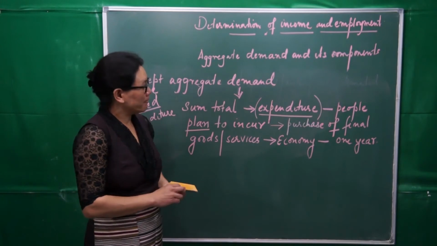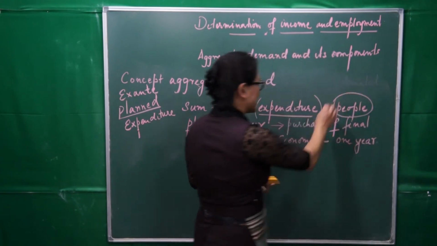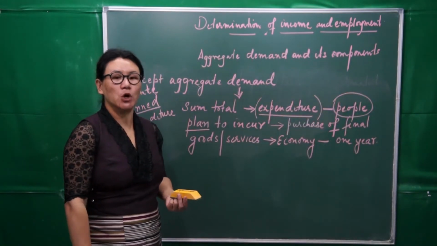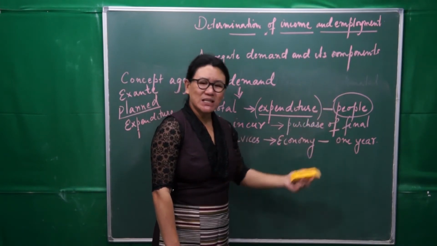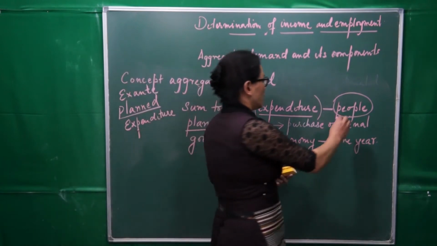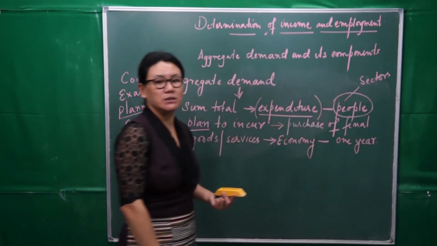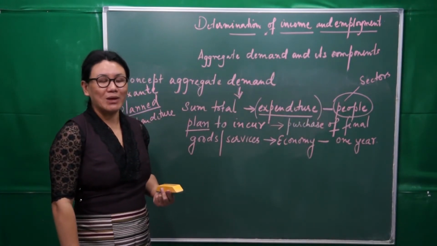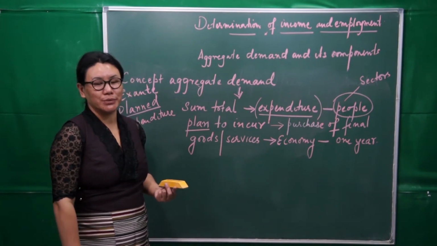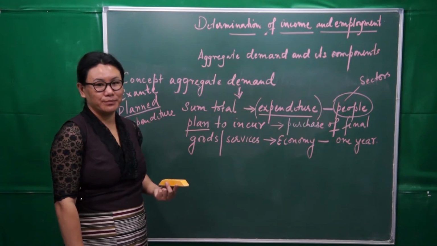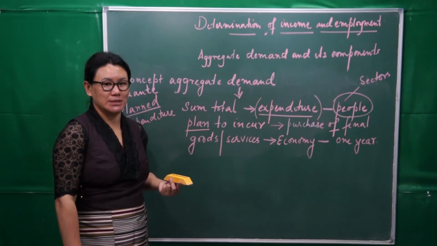Right? Now see here, I have written here expenditure. That is planned expenditure by whom? By people. Now, when we say people here, it refers to certain sectors that are planning to spend on the purchase of final goods and services.